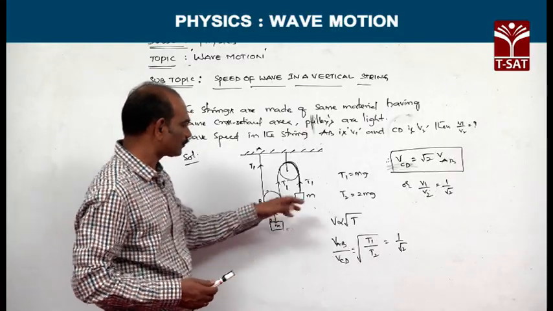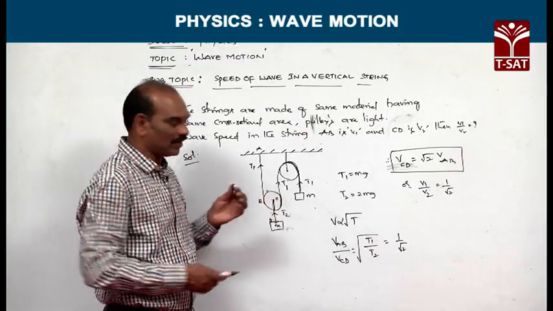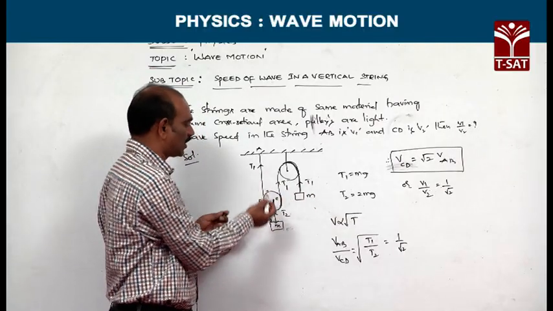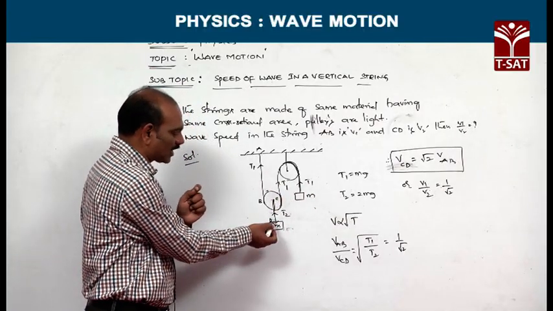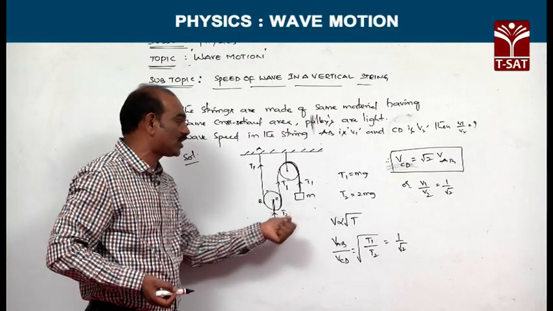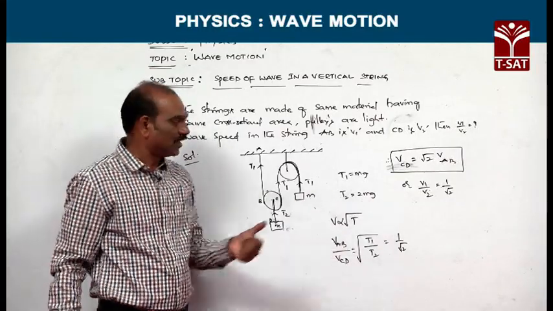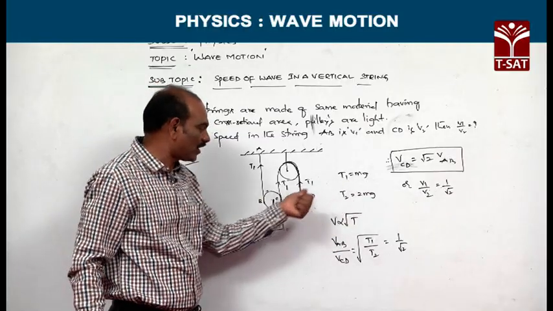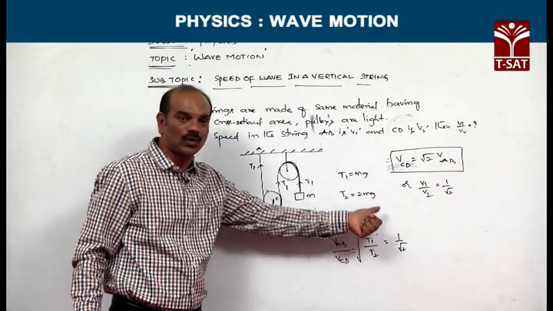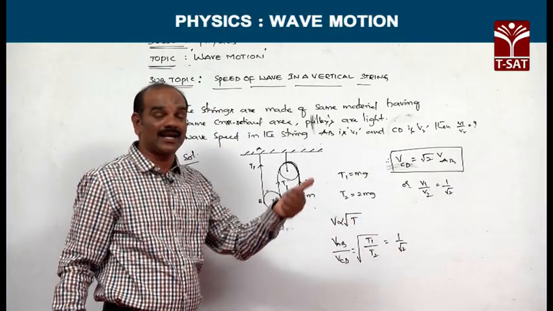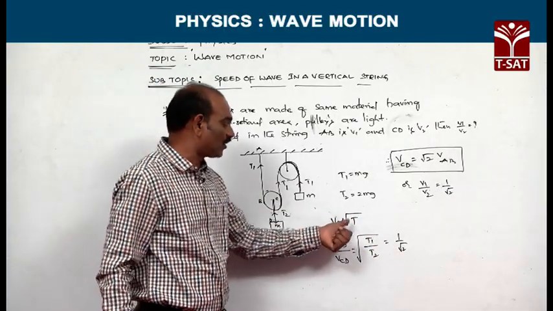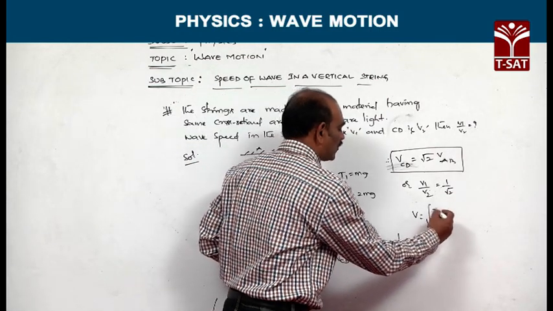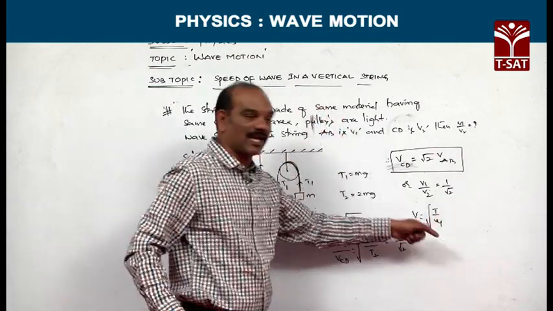We know that in this arrangement, the tension is T1 over here, and this is also T1. So in the string CD, the tension T2 is equivalent to 2 times mg. If T1 is equal to mg, then T2 is equivalent to 2mg. How are speed and tension related? V is proportional to root T. We have the formula V is equal to root of T by mu, but mu is the same, which is already given in the problem.